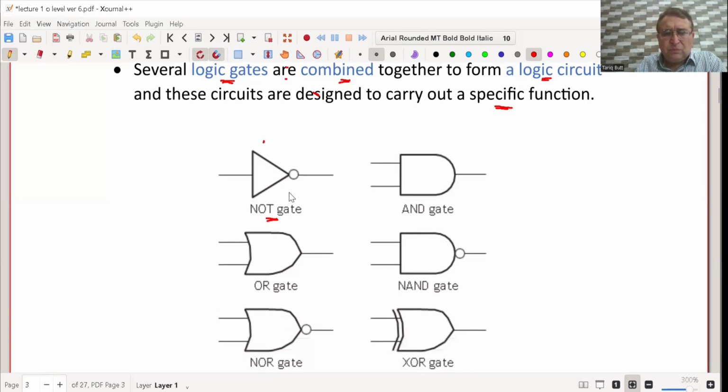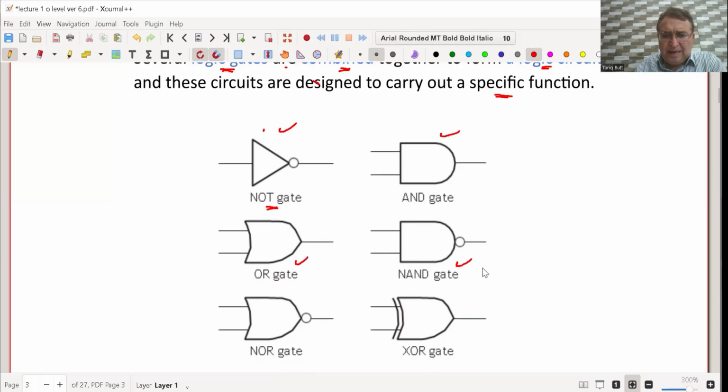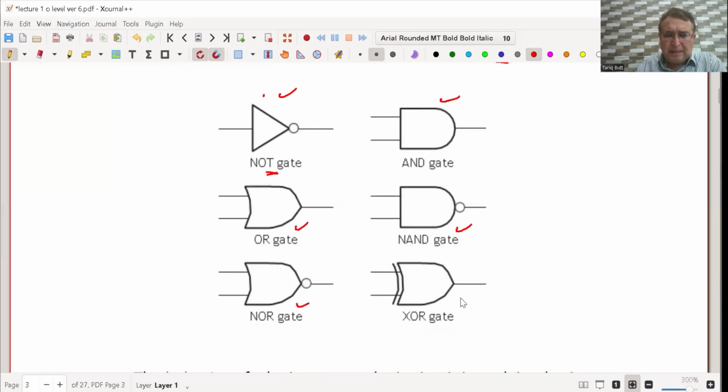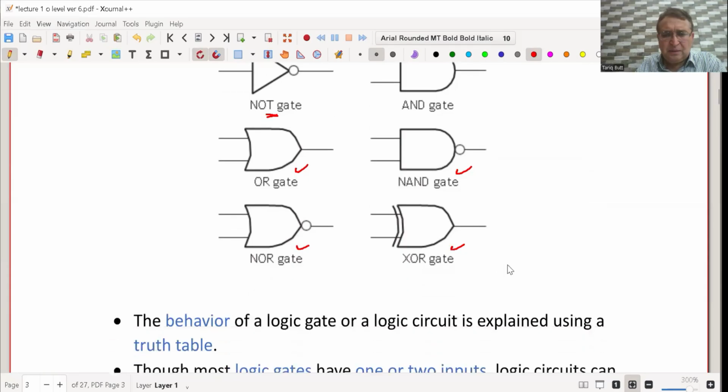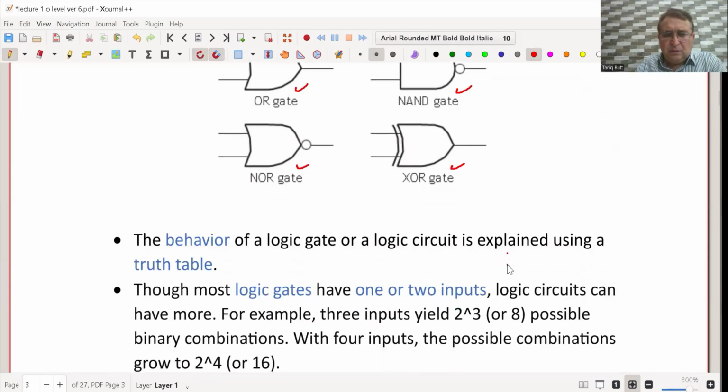So we'll cover these one by one: NOT gate, AND gate, OR gate, NAND gate, XOR gate, and NOR gate. Fine. We'll see the behavior of a logic gate, or later on even a logic circuit, with the help of a table that is called the truth table.